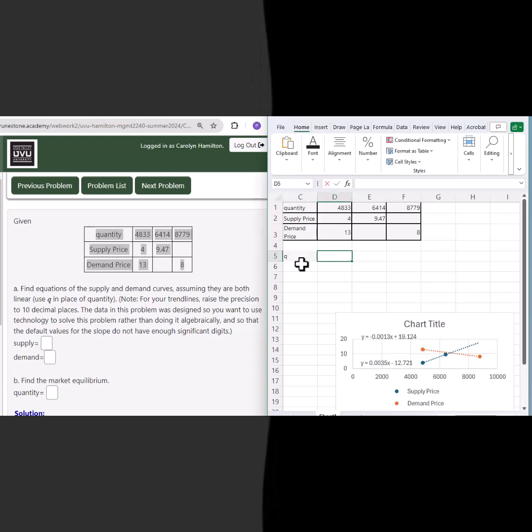Let me set up my chart using the supply and demand functions and thousands of units.